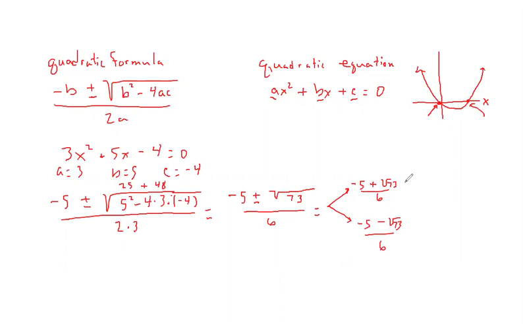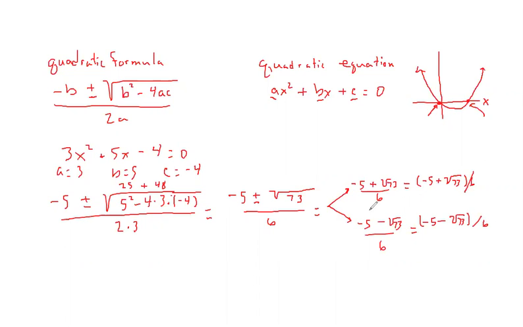Or really, the better way to do it right now would be to use your calculator and go parentheses -5 plus square root of 73 divided by 6, and you could go -5 inside parentheses minus square root of 73 divided by 6.